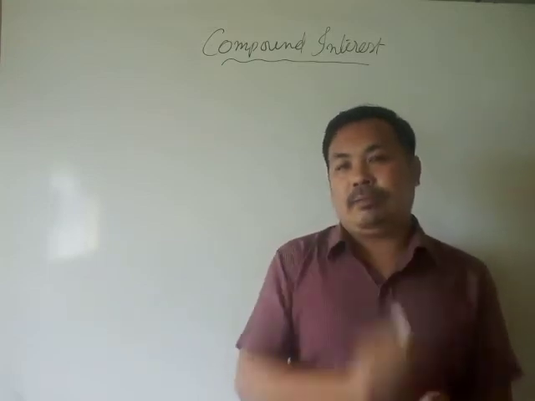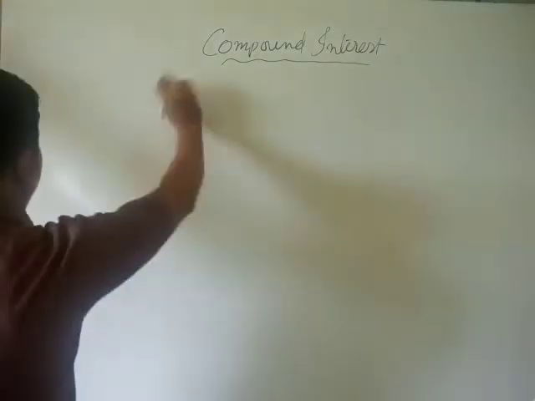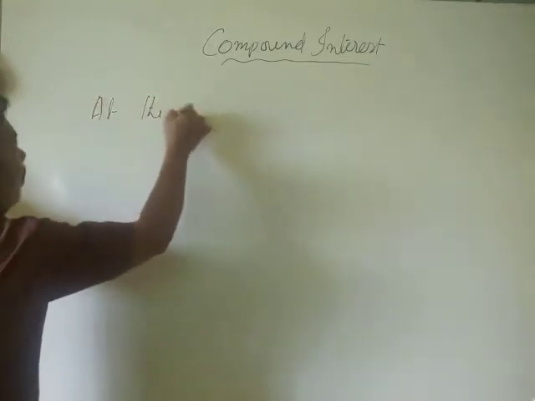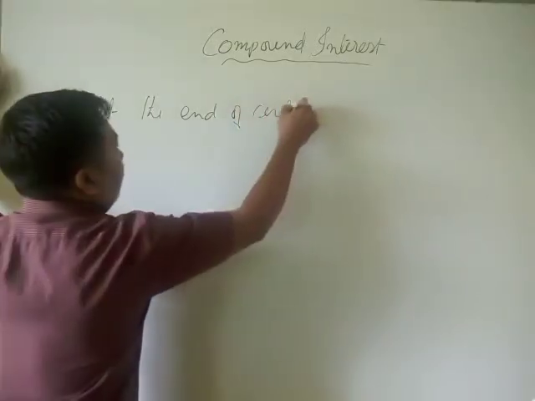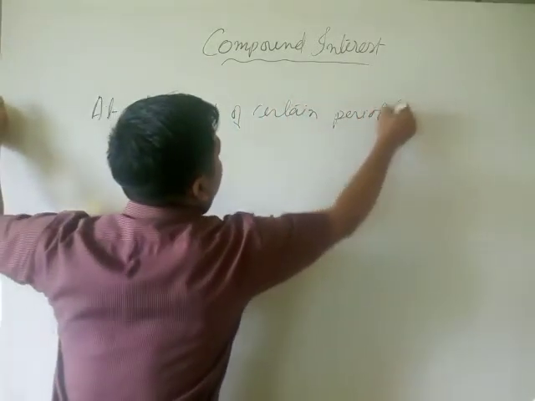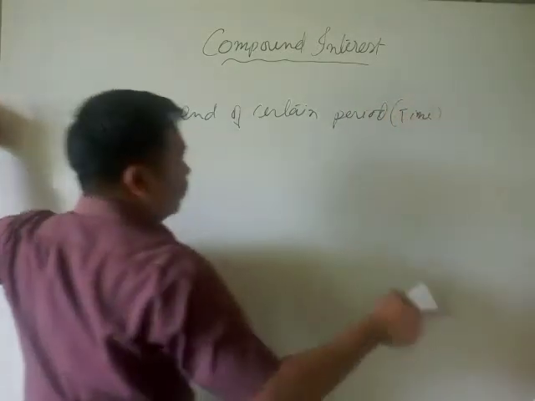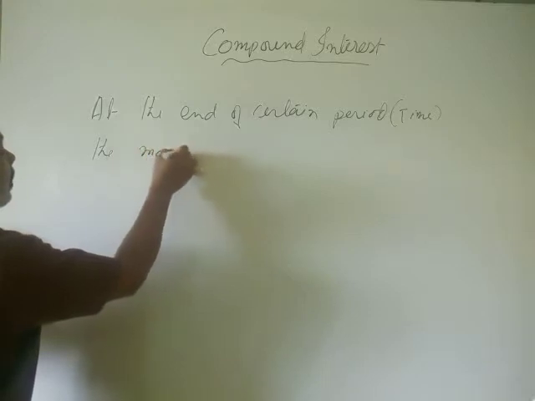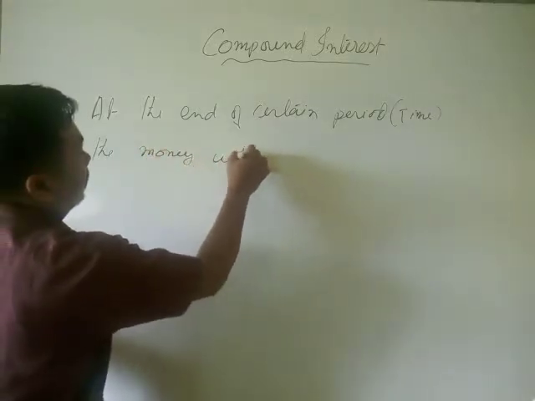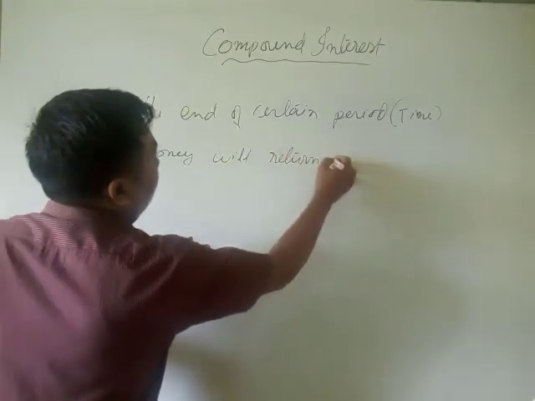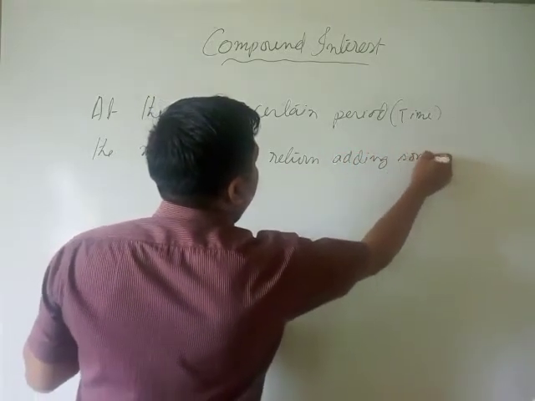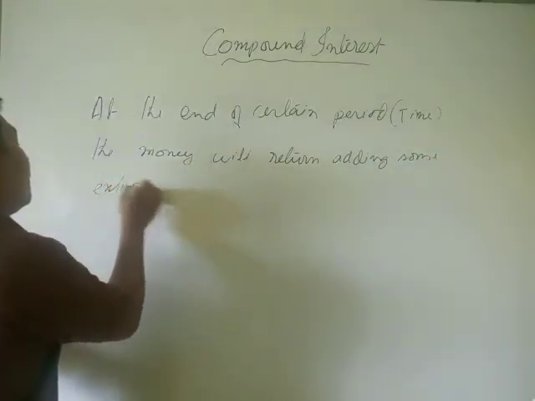And interests are of two types. At the end of a certain period, time, we assume 2 years or 3 years or 4 years, the money will be returned adding some extra money.